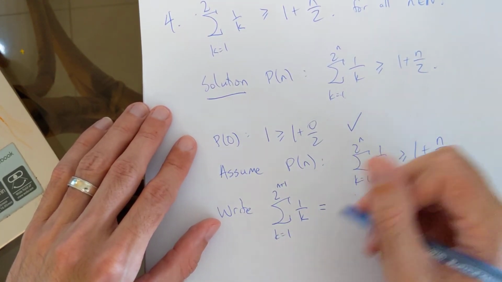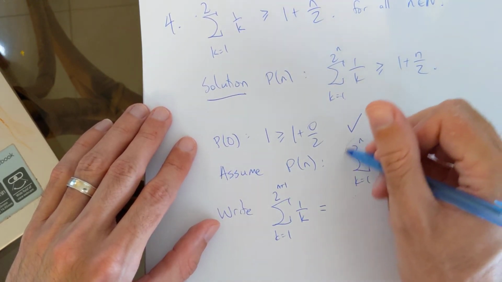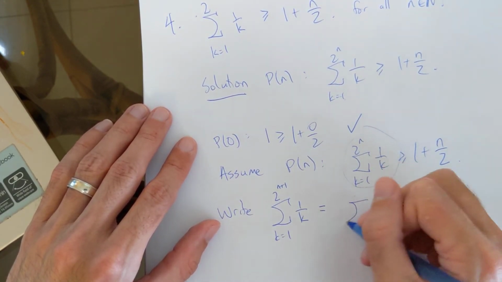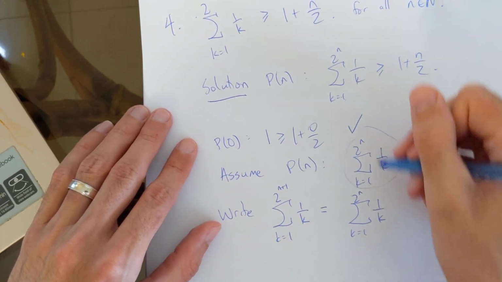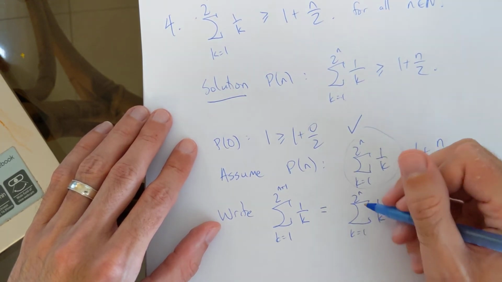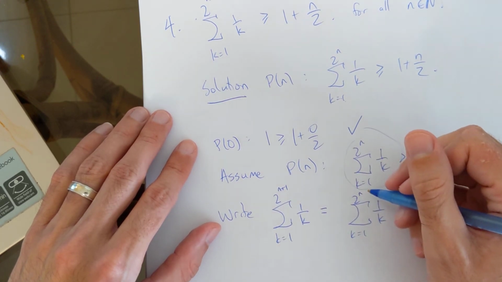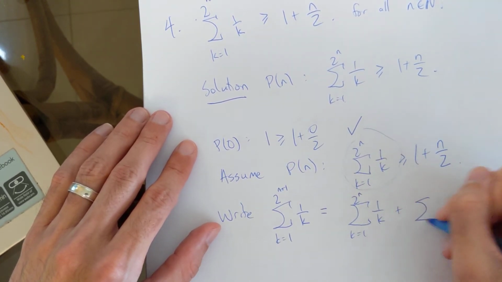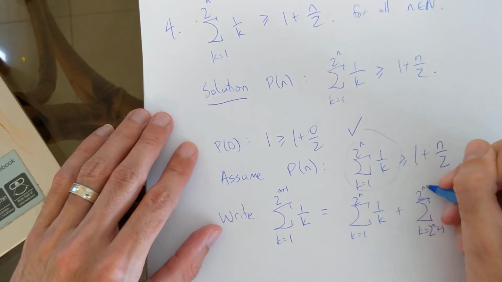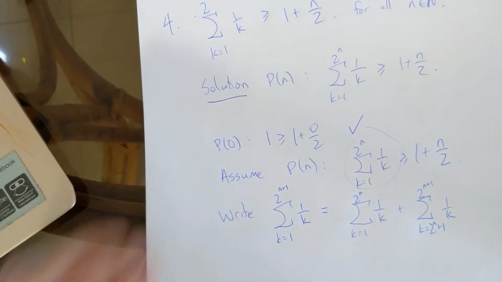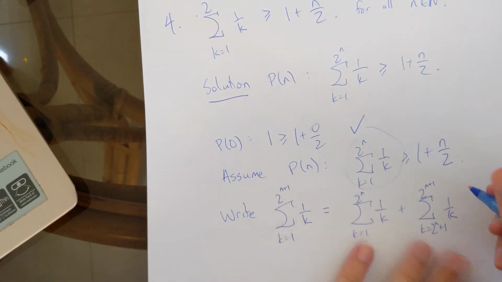Well, we just rewrite it as a summation, like we divide these terms in half. 1/2 comes from this sum, so let's write that. And the other half comes from the summation from 2 to the n plus 1 up to 2 to the n plus 1. By mathematical induction, this is bigger than or equal to 1 plus n over 2.